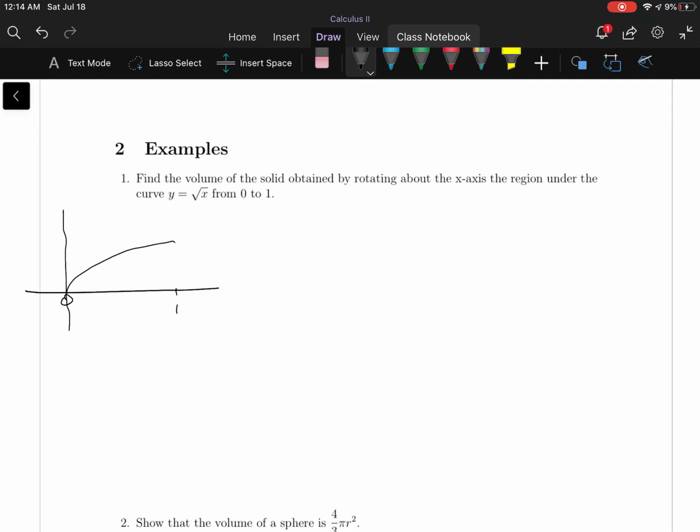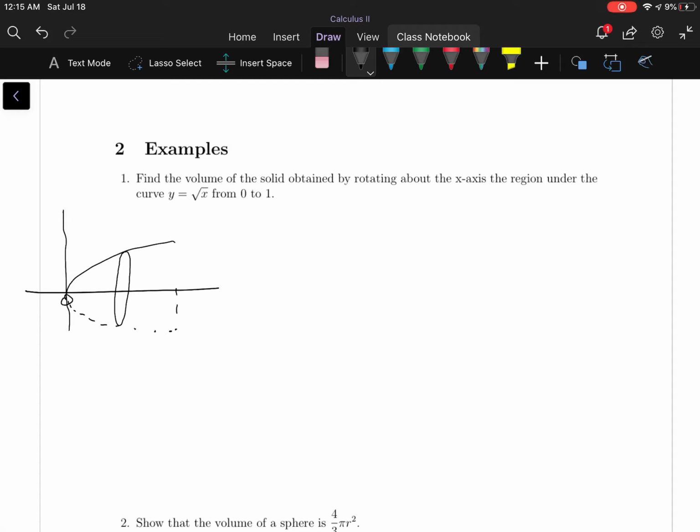So over here, I've got the function y equals root x sketched out. If you rotate about the x-axis, then you're going to end up getting an object that kind of looks like a bullet. And since we're rotating about the x-axis, I am going to envision taking this cross-section.